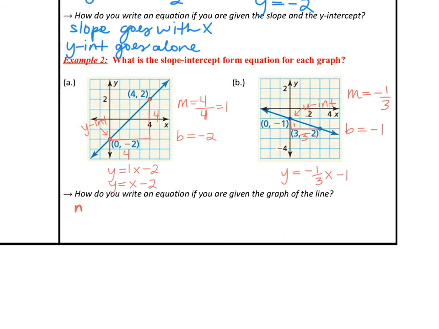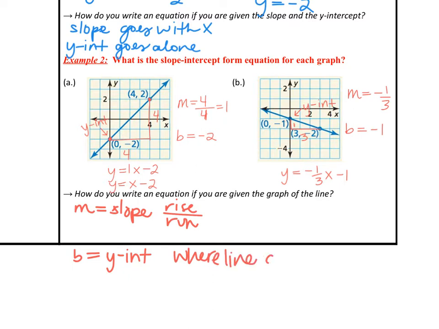So I'm going to say that the m is equal to slope, which is rise over run. I'll say that the b is equal to the y-intercept, which would be where the line crosses the y-axis.